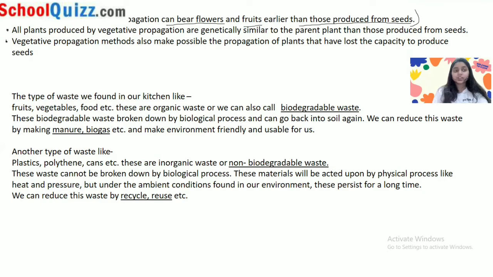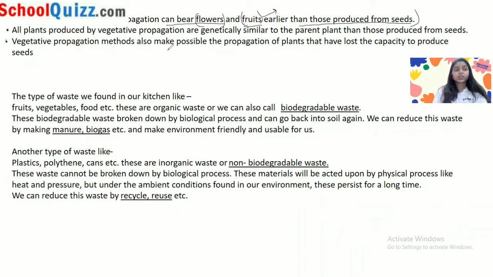In the first point, you tell that plants raised by vegetative propagation can bear flowers and fruits earlier than those produced from seeds.